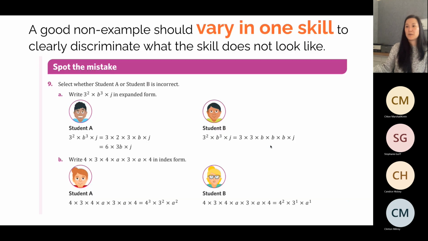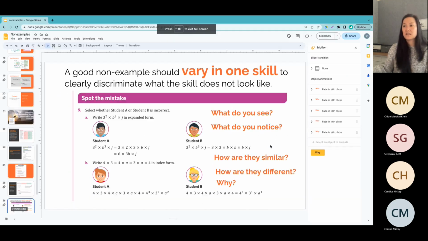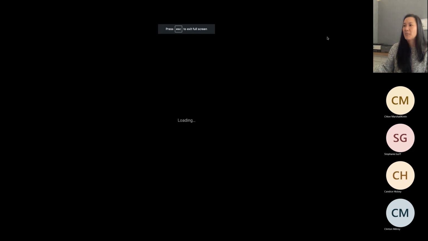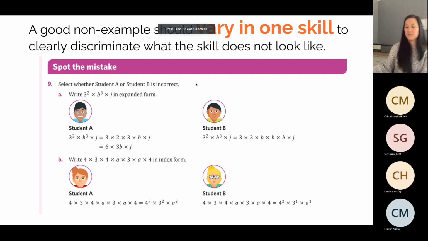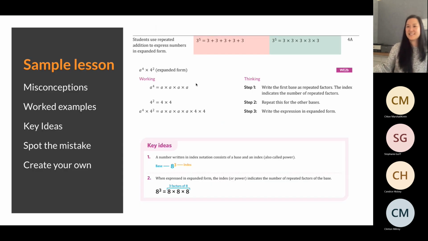You could then move on to talk about the key ideas of that topic. This would be the theory that you're thinking about, and then really asking those questions to students when you're showing your example.